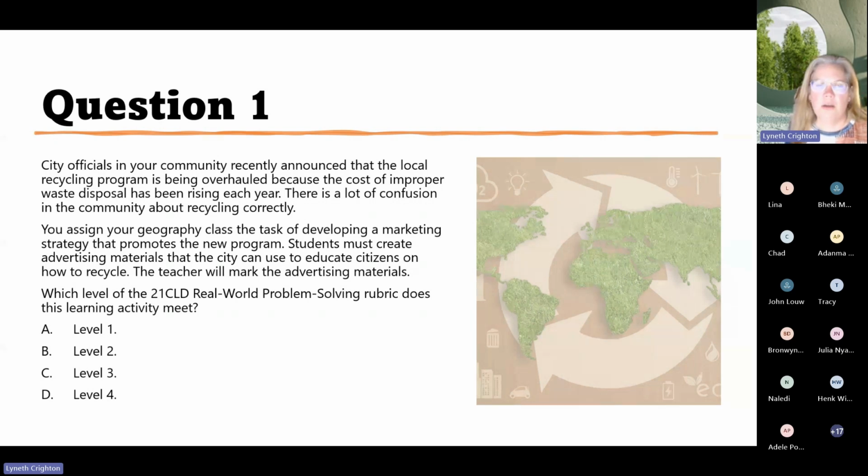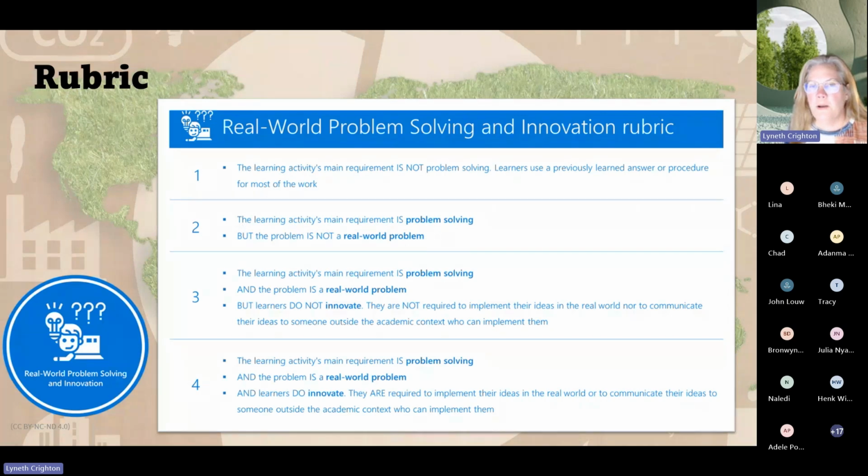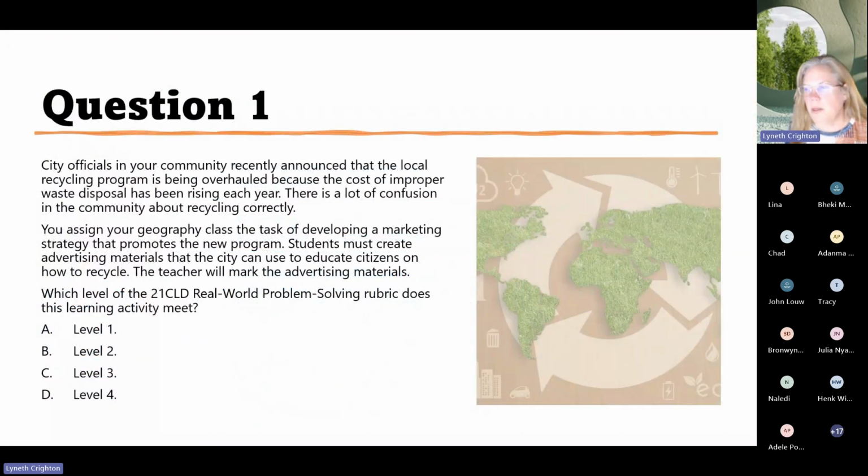So if we say, okay, it's not a level 1, level 2 means it is problem solving, but it's not a real world problem. Well, thumbs up if we agree that it is a real world problem, recycling and learning how to recycle correctly.